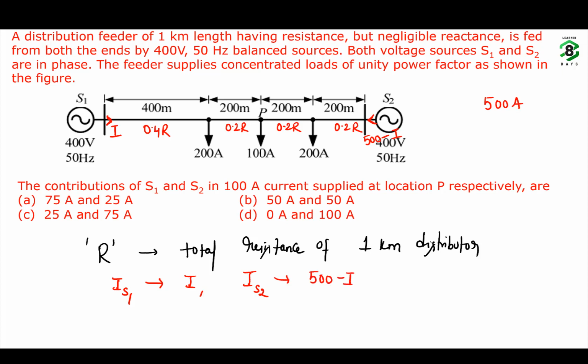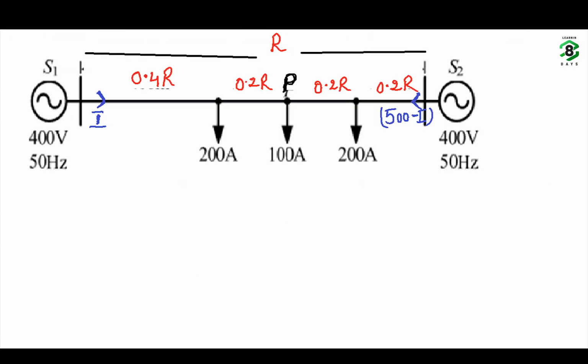Now, what is the voltage drop from point, let us call this point as A? What is the voltage drop in the distributor between A and B?